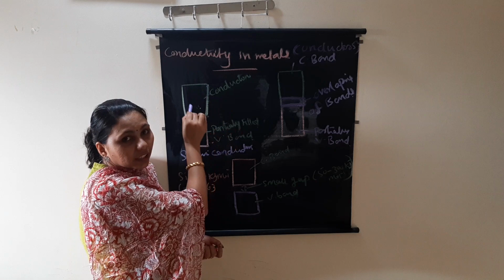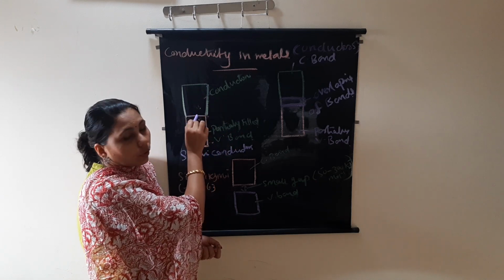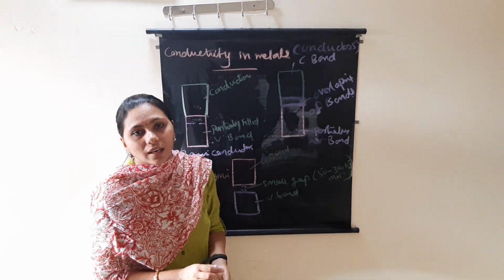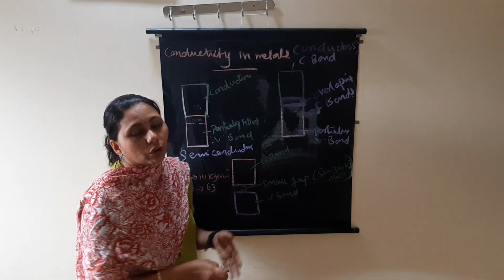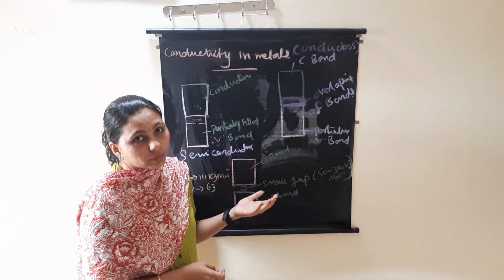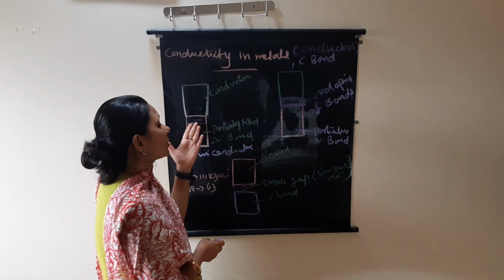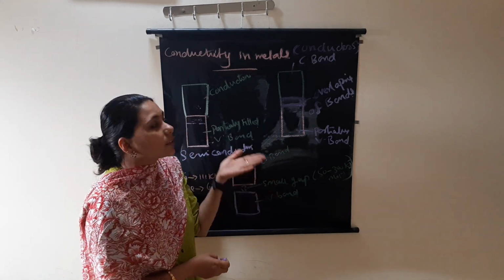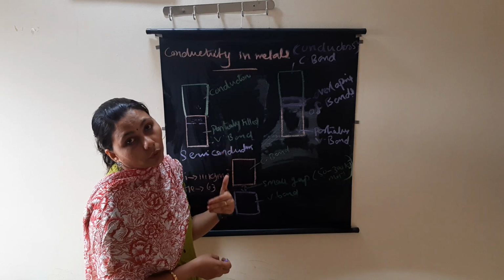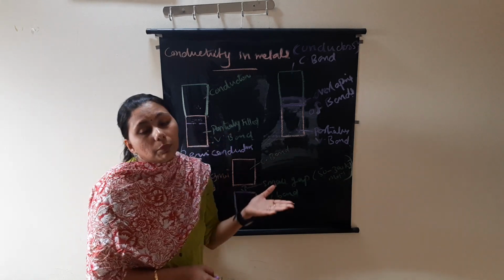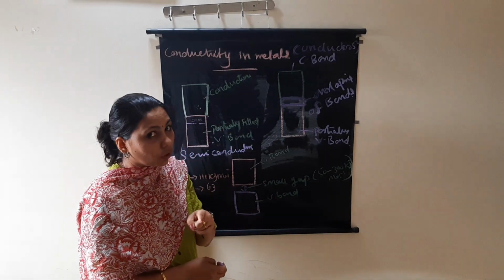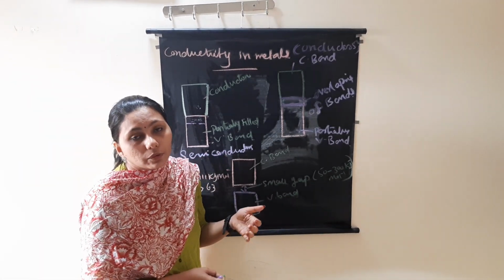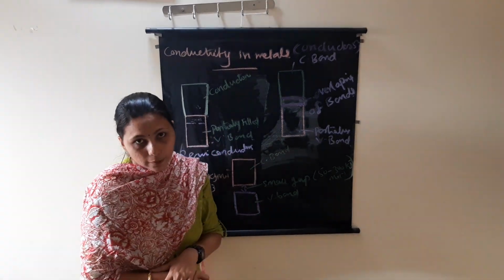These electrons in the conduction band or the partially filled band are responsible for the conductivity in conductors. The electrons will move to the positive terminal, the battery, and these electrons are responsible for the conductivity in case of metals.